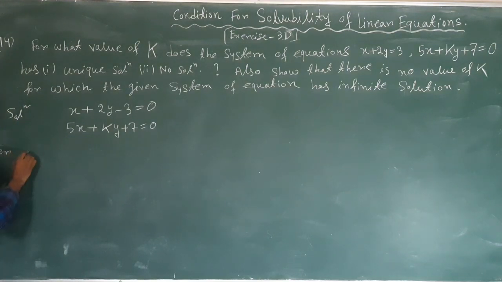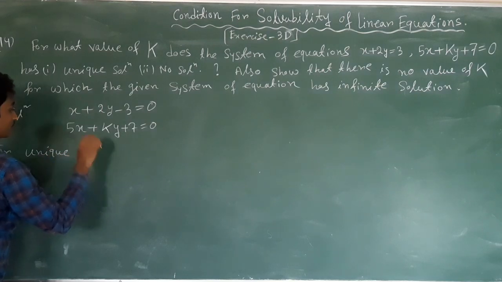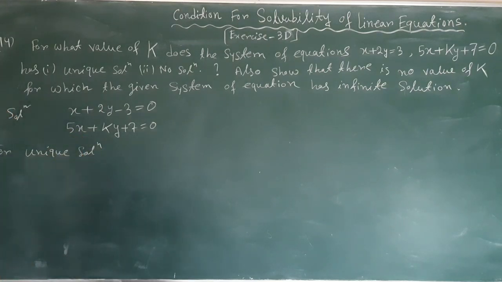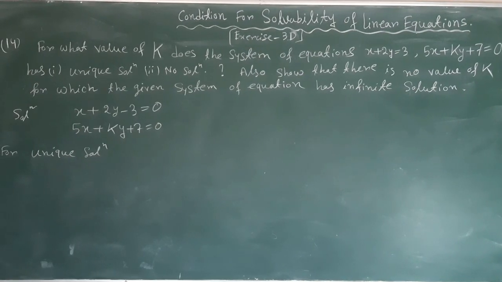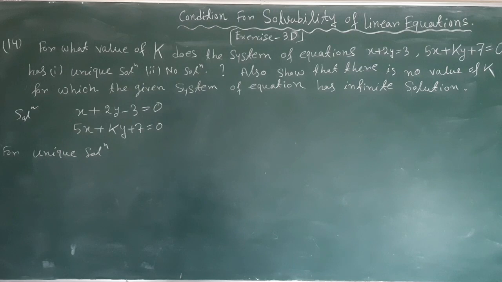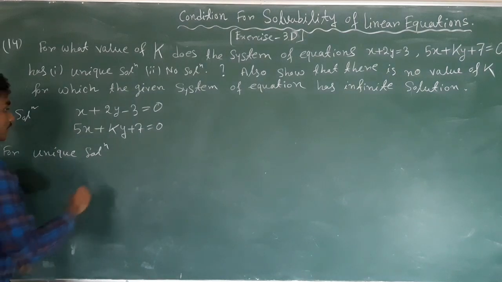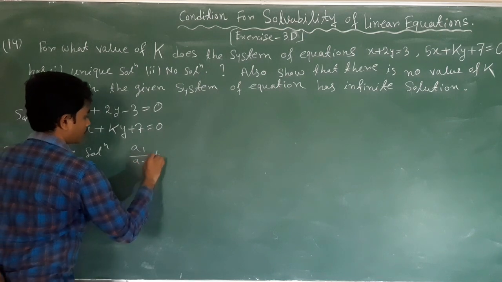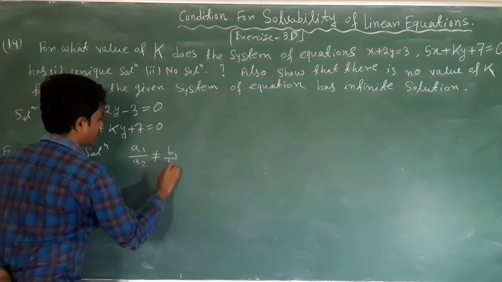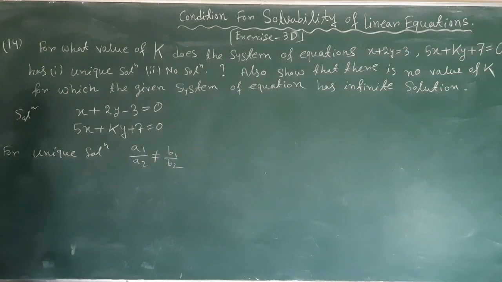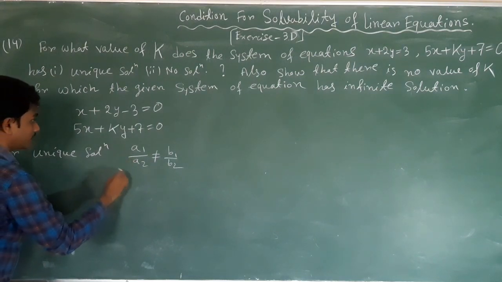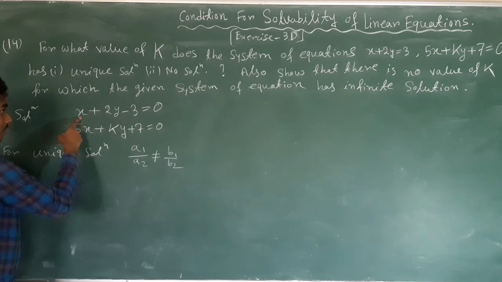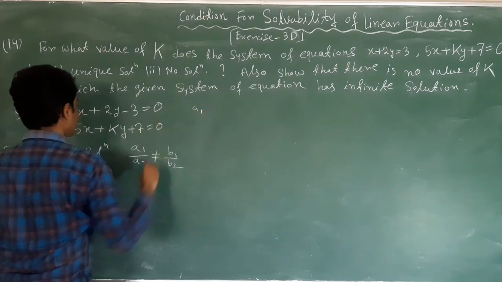So, for a unique solution, A1 upon A2 is not equal to B1 upon B2. So, A1 means the coefficient of x in equation 1.